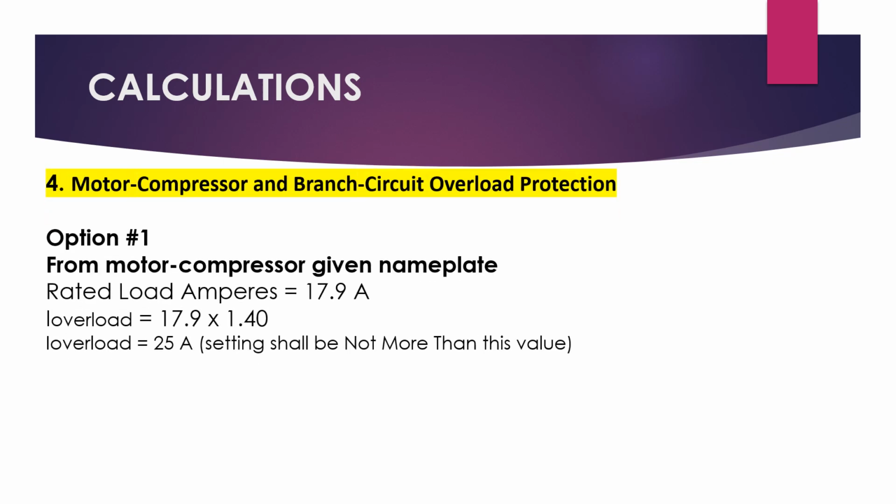So for option number 1, from the motor compressor nameplate, we are using this time only the rated load amperes, which is 17.9 amperes. So I overload is equal to 17.9 times 1.40, which comes out to be 25 amperes. This is now the setting, which shall be not more than this value.